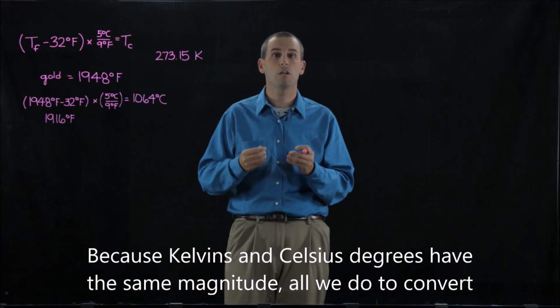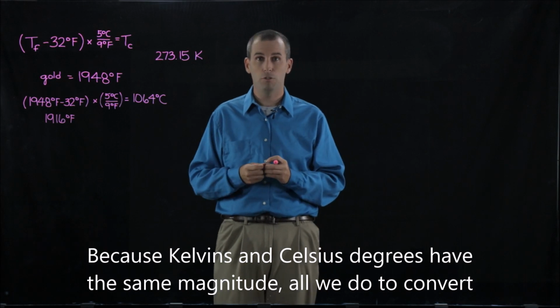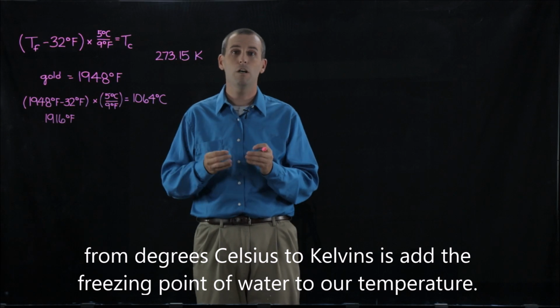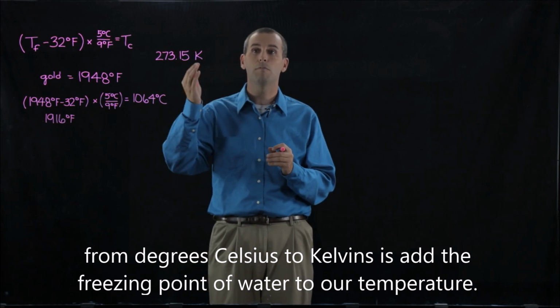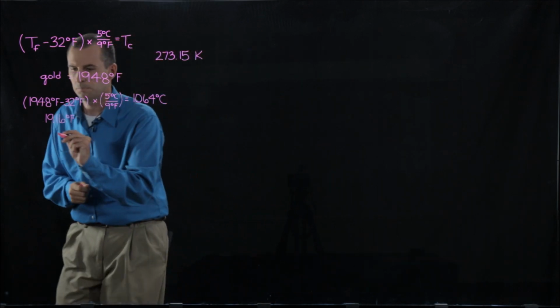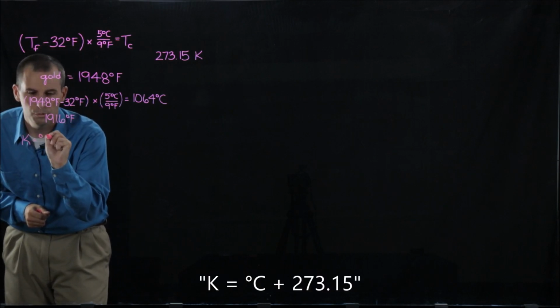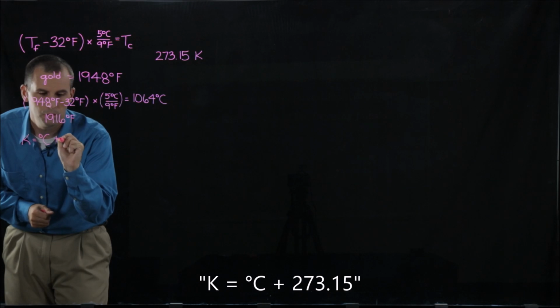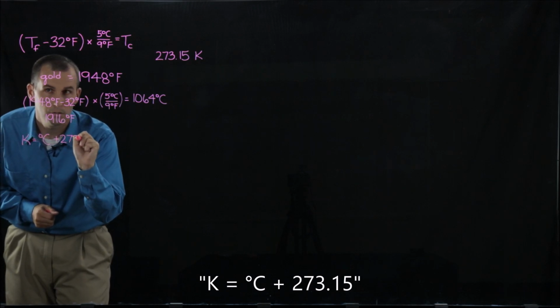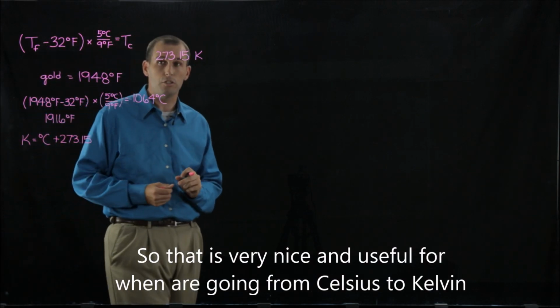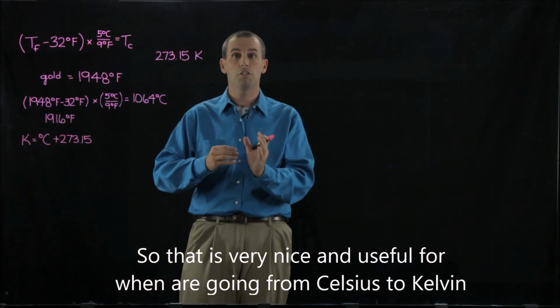Because kelvins and Celsius degrees have the same magnitude, all we do to convert from degrees Celsius to kelvins is add the freezing point of water to our temperature. Kelvin equals degrees Celsius plus 273.15. So that is very nice and useful for when we're going from Celsius to Kelvin.